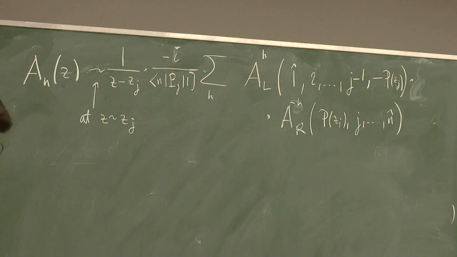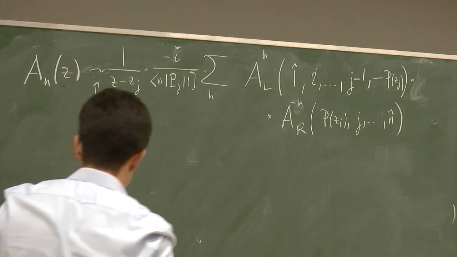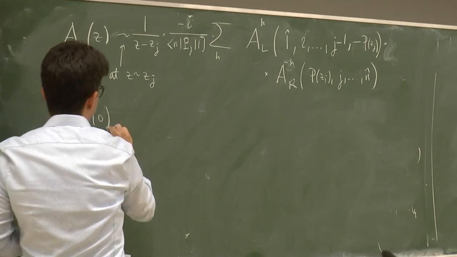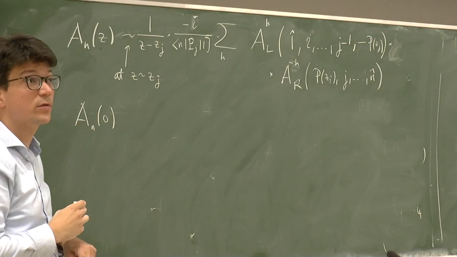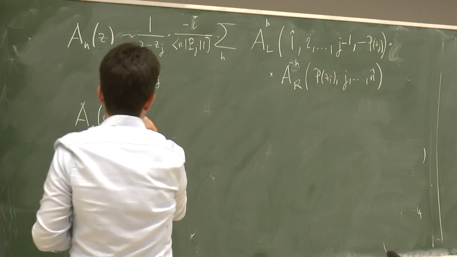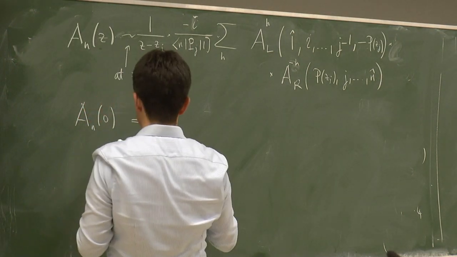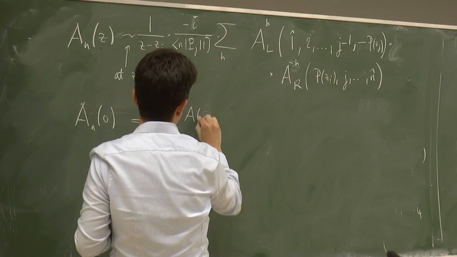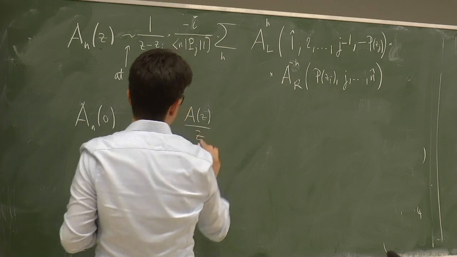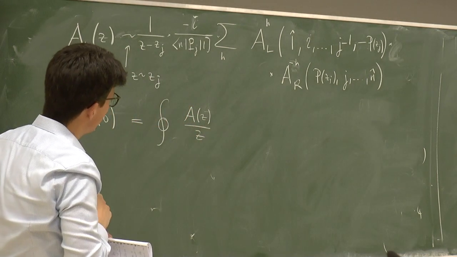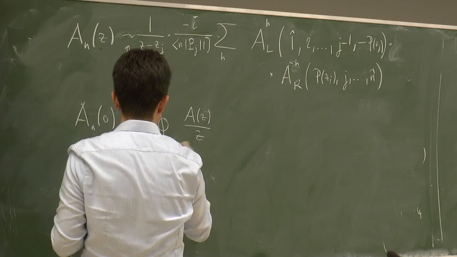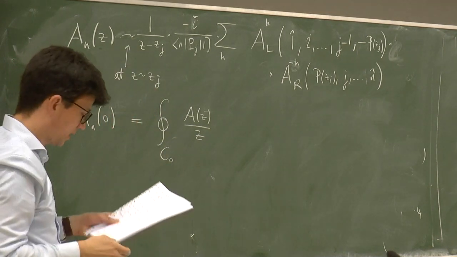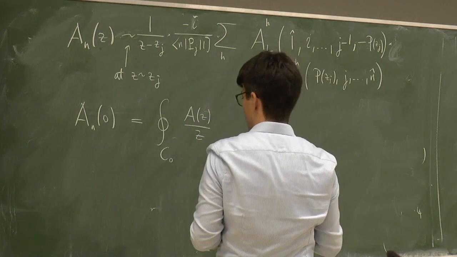Now, what's the idea? Remember your complex analysis. We are actually interested in the amplitude at 0, right? The z was just a tool. Well, how can we do it? We could say it's this amplitude A of z, we multiply it by some pole, we artificially create a pole at 0, and we integrate around some contour C0, which encircles the origin.